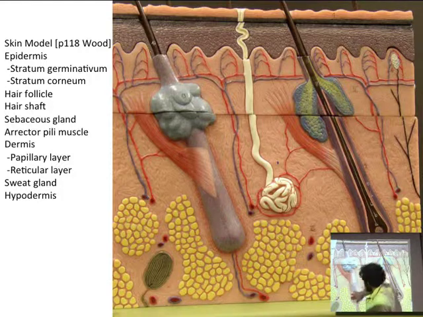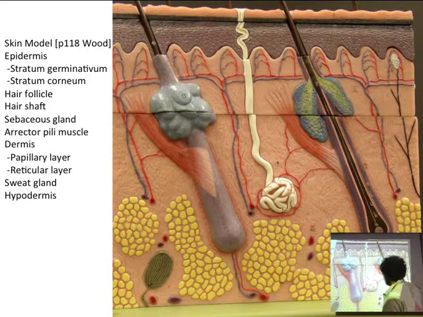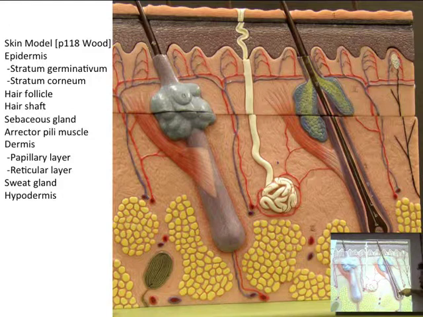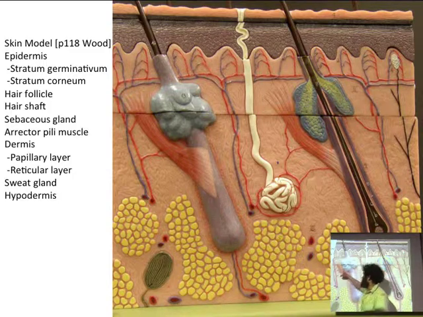Here is a hair follicle. This entire structure is a hair follicle. This is a hair shaft down in the hair follicle. I'd say a sebaceous gland would be, this is one example of a sebaceous gland putting oil, or sebum, onto the shaft of the hair. This is an erector pili muscle.